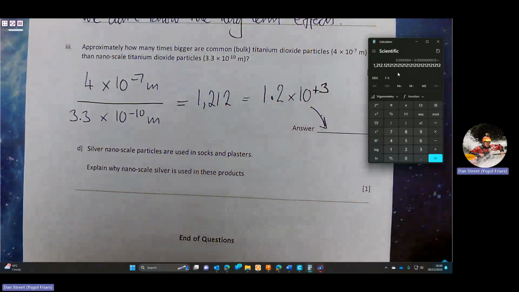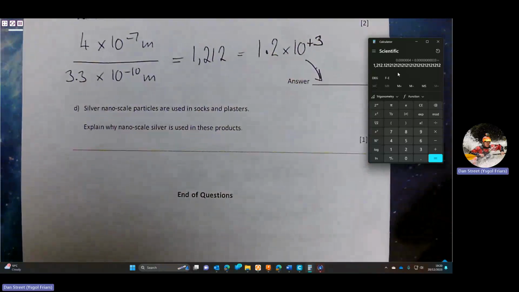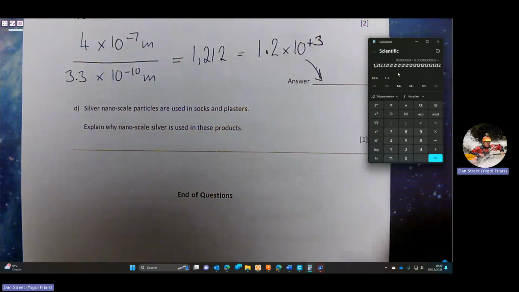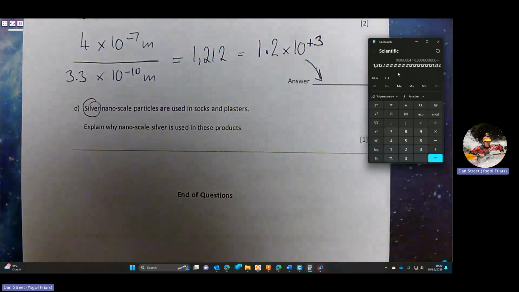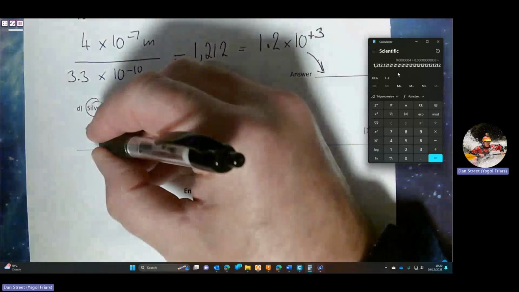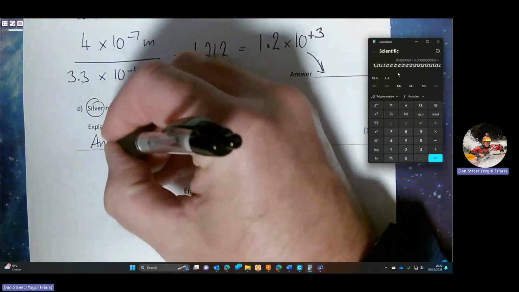And then finally, silver nanoscale particles are used in socks and plasters. So this is silver rather than titanium dioxide. Explain why nanoscale silver is used in these products: it's because it's antibacterial.